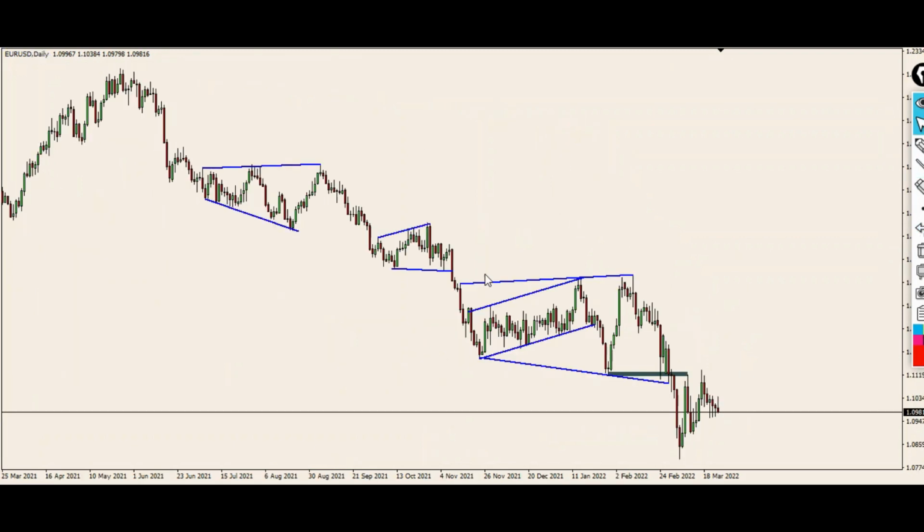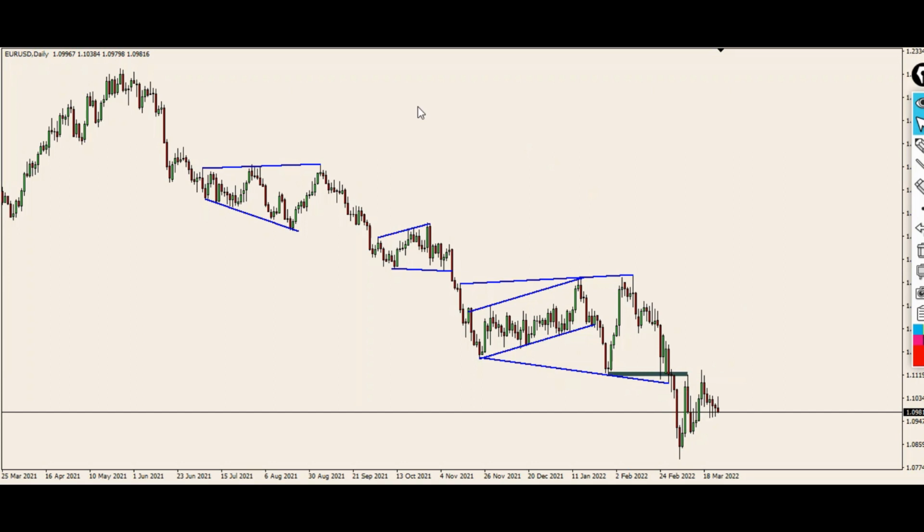On the daily chart, we see the market, yes, it has been trending downwards, and along the way it has been building these structures here, these continuation patterns, which are expanding triangles that have been continuing with the trend to the low. And recently the most recent expanding triangle has been validated, and therefore we are going to look for sells.